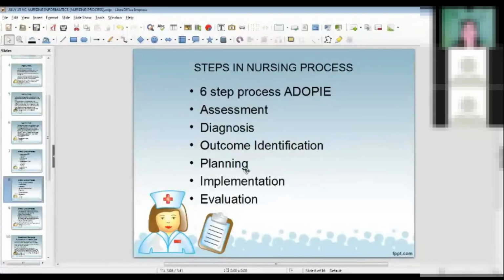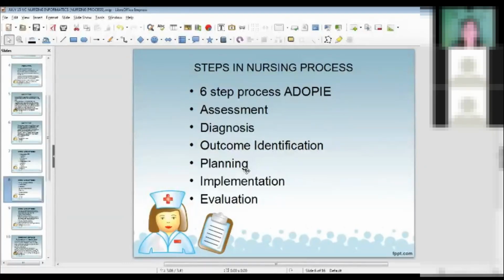So we can give it a numerical equivalent: 0 being no pain, 5 being moderate, and 10 being the highest or severe pain. If your patient mentioned that the pain is at a scale of 8, that is severe pain.